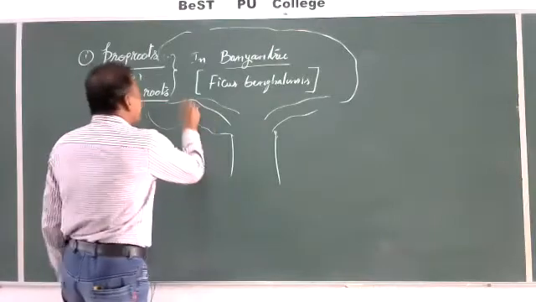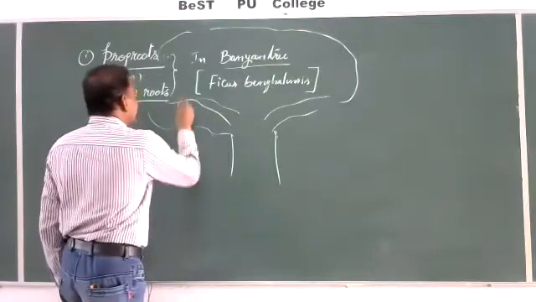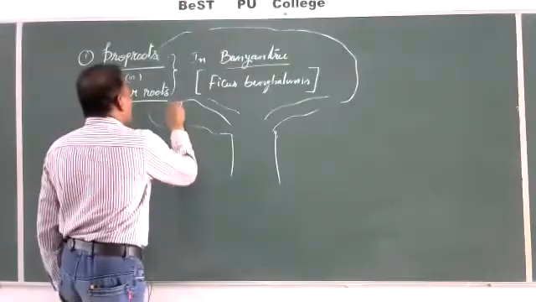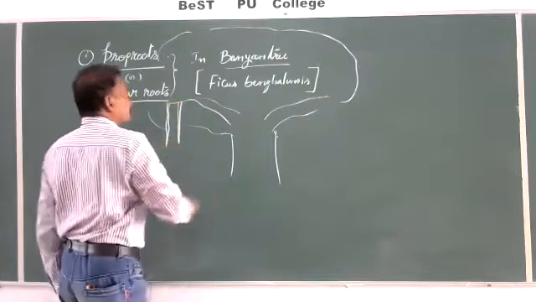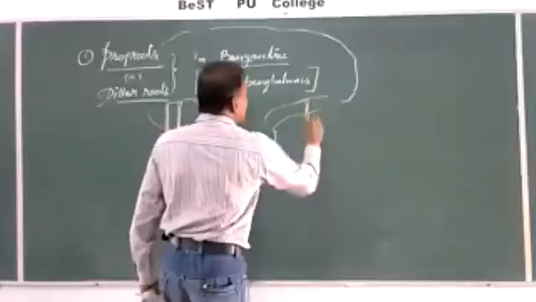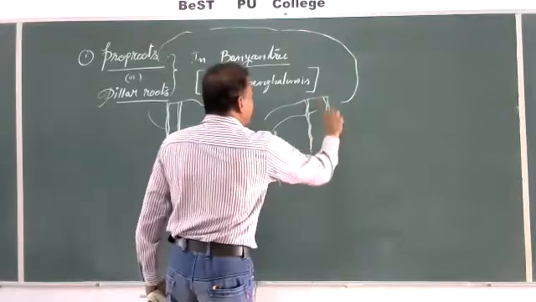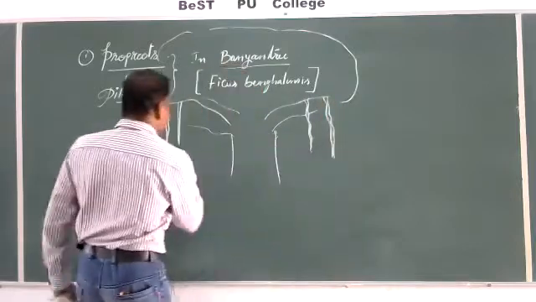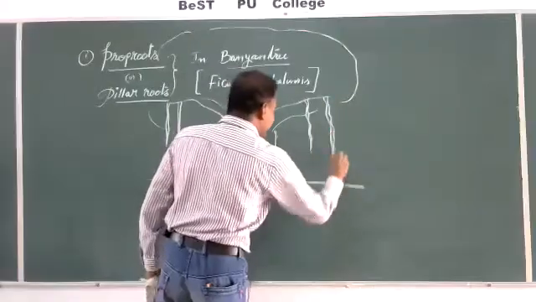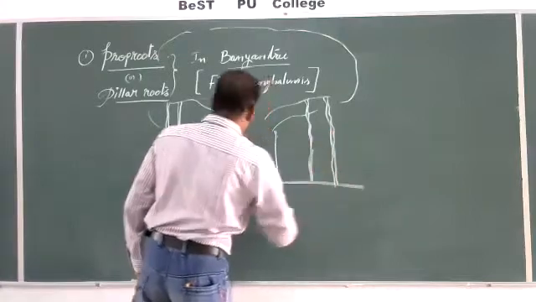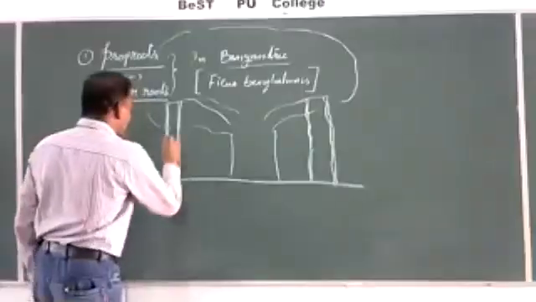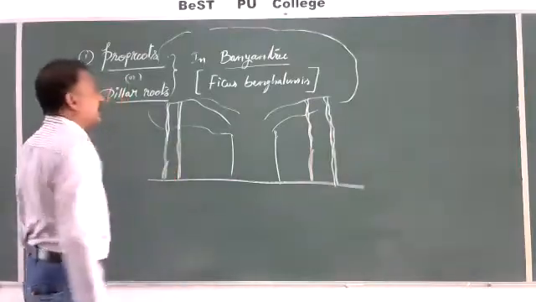From these branches, some adventitious roots develop and grow in the air. Finally, they will touch the ground to give extra or mechanical support.